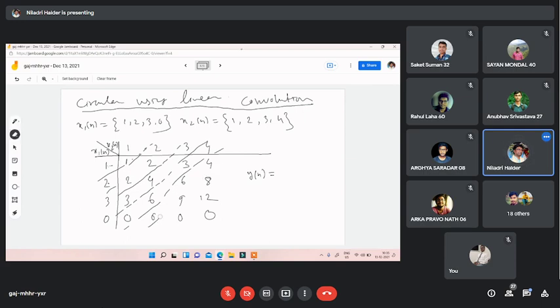Just write them in the correct position. So whenever you do the addition, it will be easy.